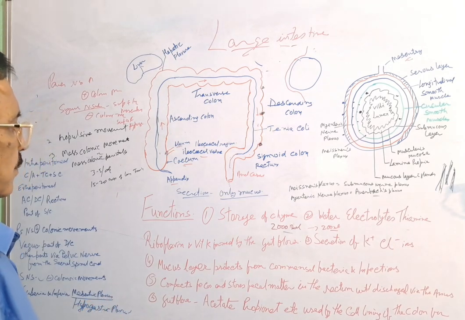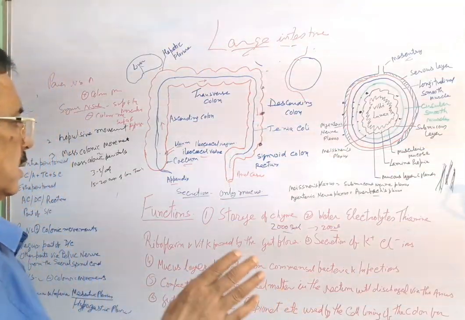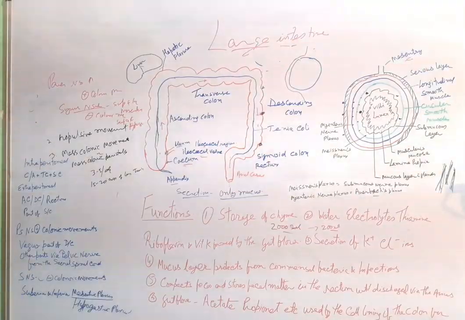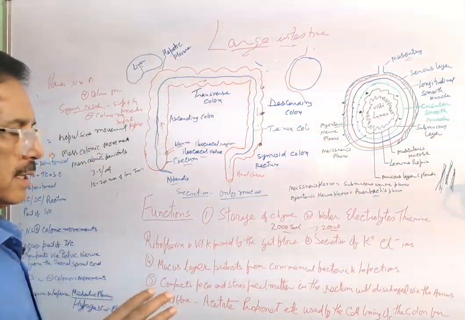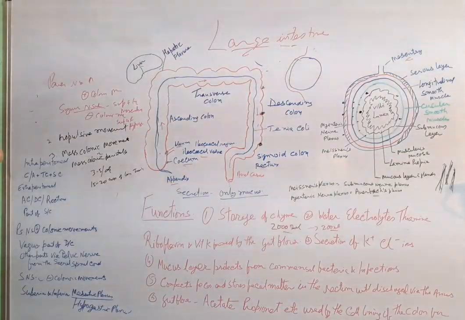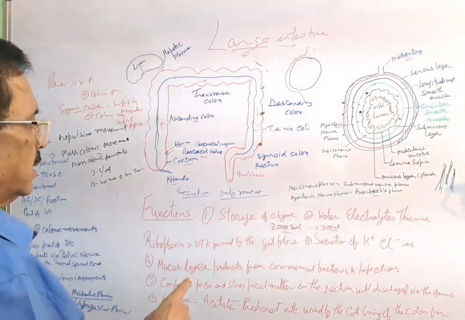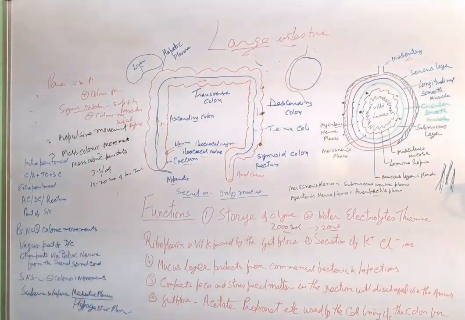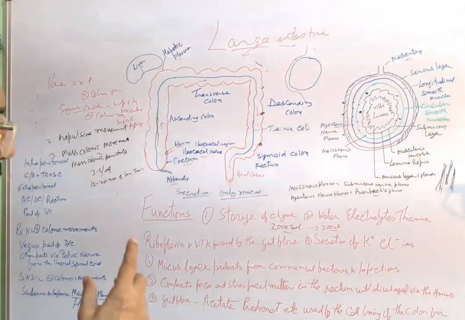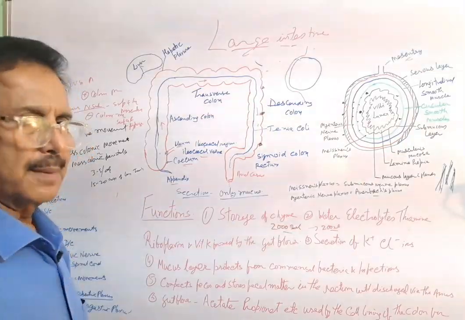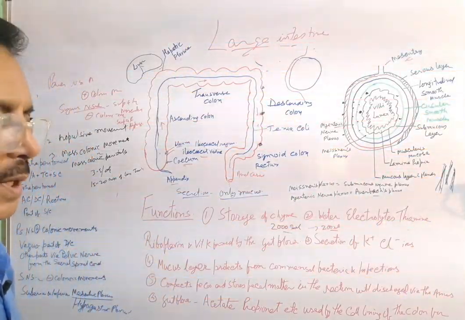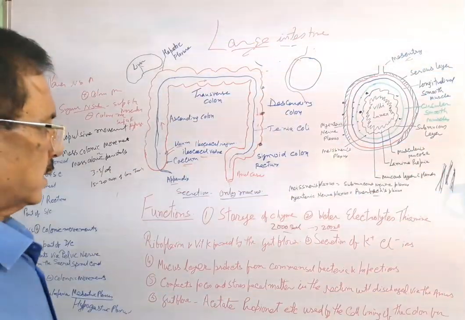Now, what are the functions of this large intestine? There is no secretion except mucus in the large intestine. Therefore, there is no digestive or assimilative function. Then the functions: storage of chyme. Two liters, 2000 milliliters of chyme comes into the large intestine, but the output is only 200 ml.